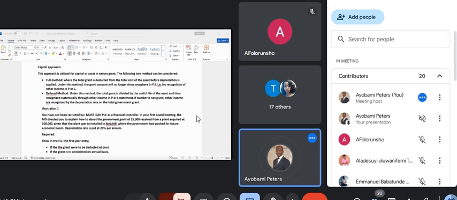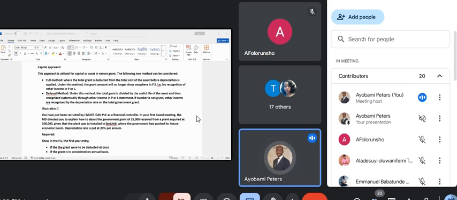The depreciation rate is put at 20% per annum. Required: show in the financial statement the first year entry if the grant were to be deducted at once, if the grant is to be considered on annual basis.